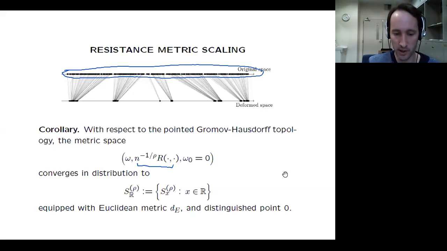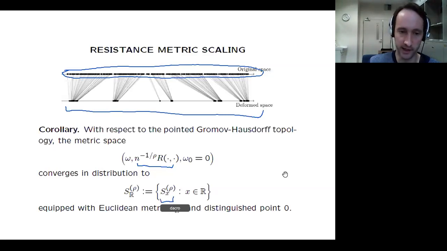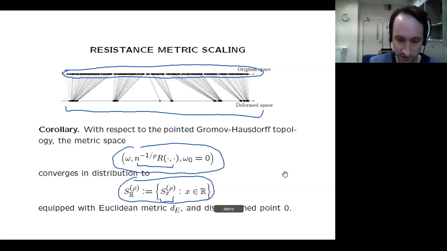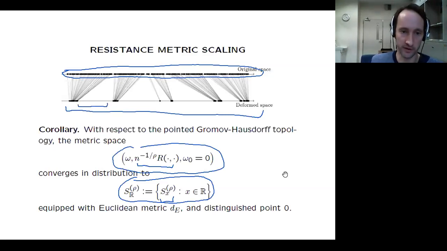It looks more or less like a one-dimensional picture here, where the atoms of the environment map down to the image of a stable subordinator here. So this metric space asymptotically looks exactly like this range of a subordinator, with these gaps in the space corresponding to these edges of large resistance here.